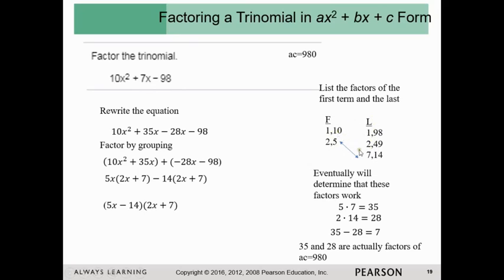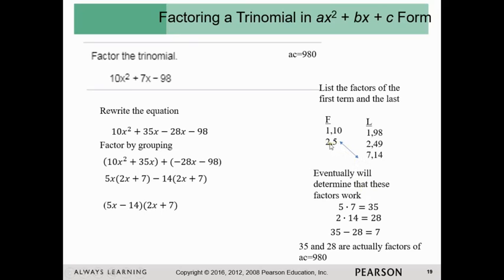Look for certain combinations that will result in 7x. This is only one problem out of the homework that you'll have to deal with that has a situation where, when you do calculate AC, you end up with a large AC. But if you think about these things long enough, you'll be able to see that you can get a combination.